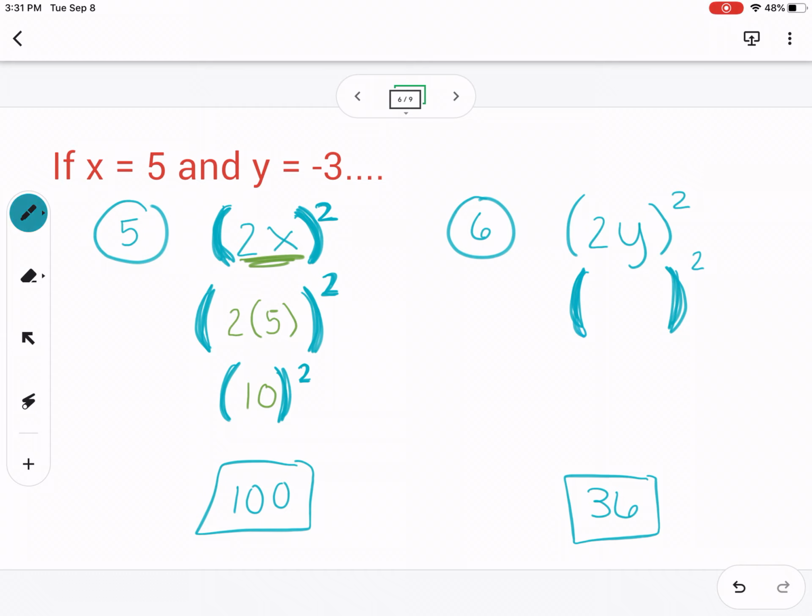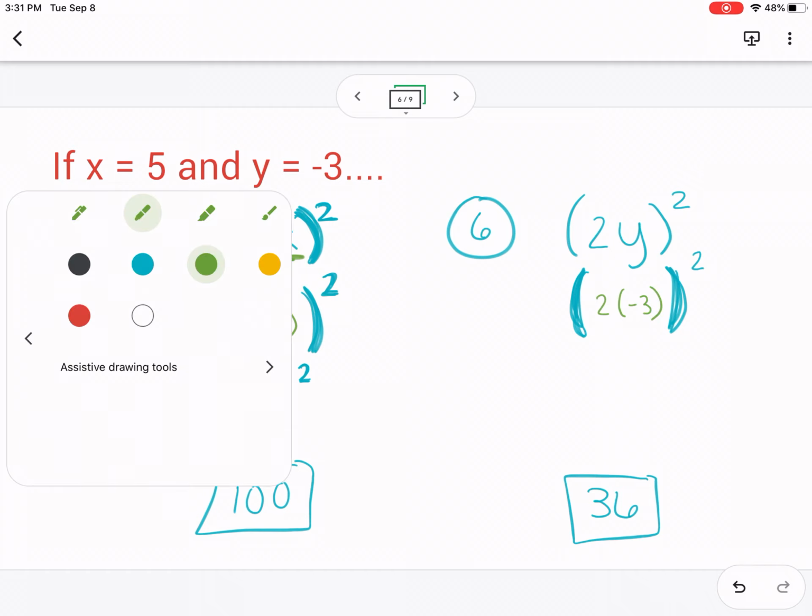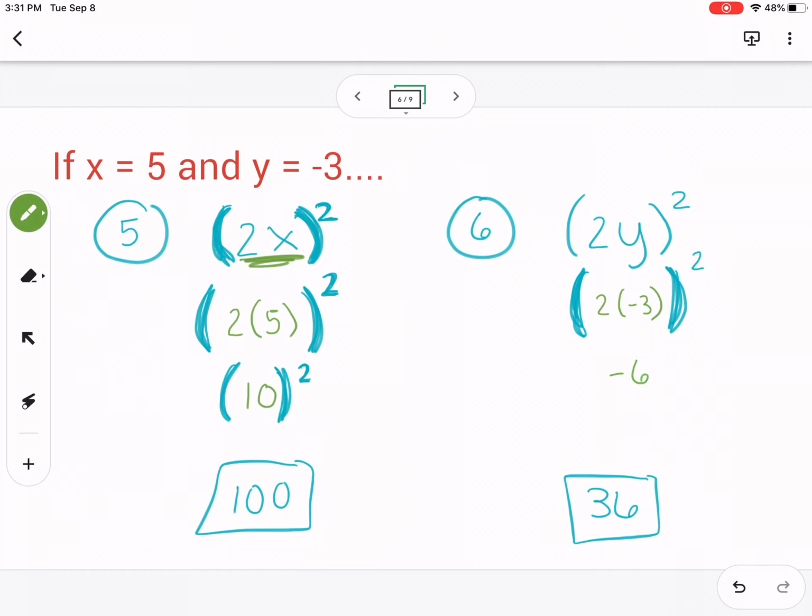We do the same thing for number 6, but the difference is that this time the y value that's on the inside is a negative. So it's 2 times negative 3, which is negative 6. Sorry for all the color changes here. I just think it's helpful. And when you take a negative number and raise it to a power of 2, you get a positive answer.